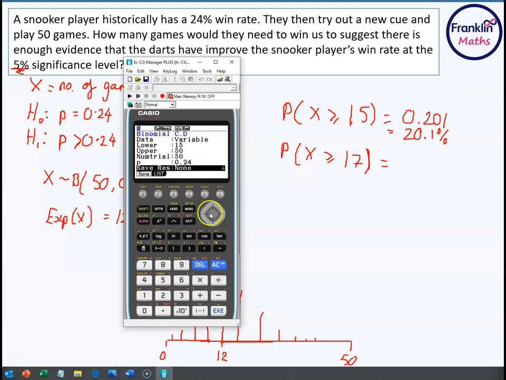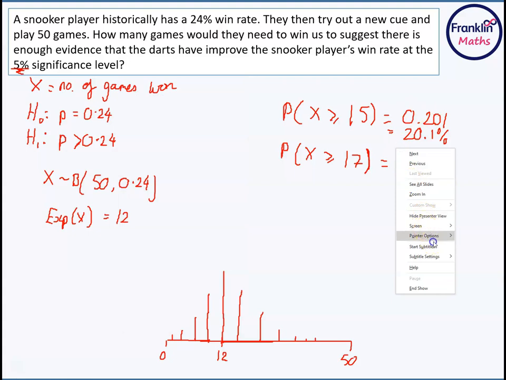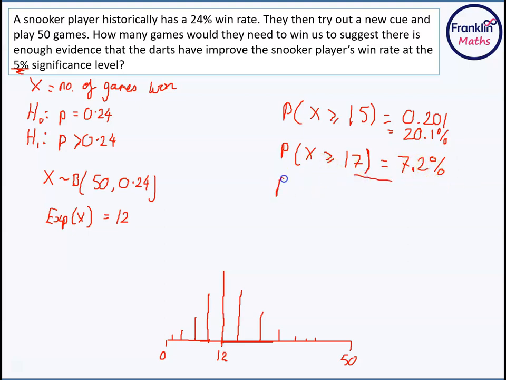There it is. Okay, so I can just change that to 17, and there we go. We've got roughly 7.2% chance. So I'm just going to write this down. 7.2% chance. So I'm not quite into the critical region yet. I'm nearly there. I'm very close to it. So let's try 18.